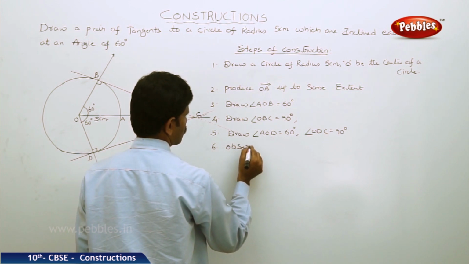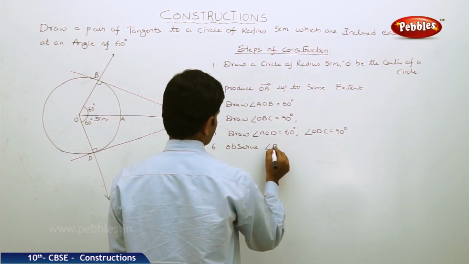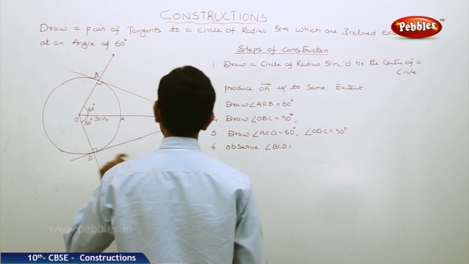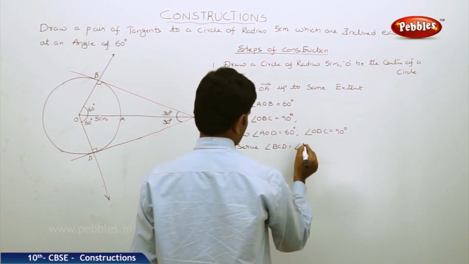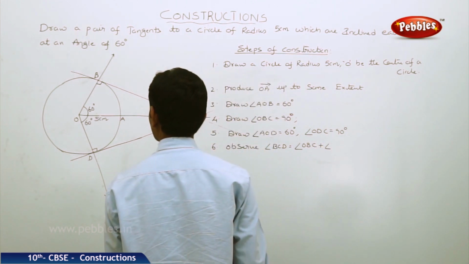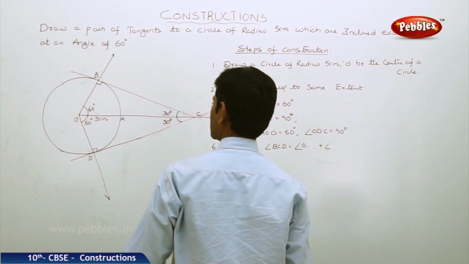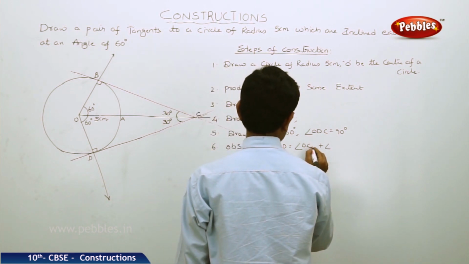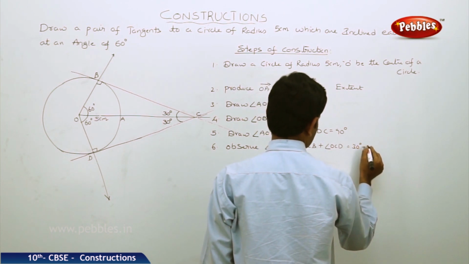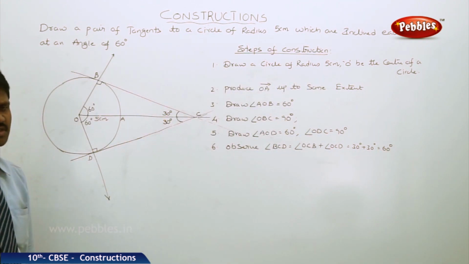Observe angle BCD is equal to angle OCB plus angle OCD, that is equal to 30 plus 30, 60 degrees.